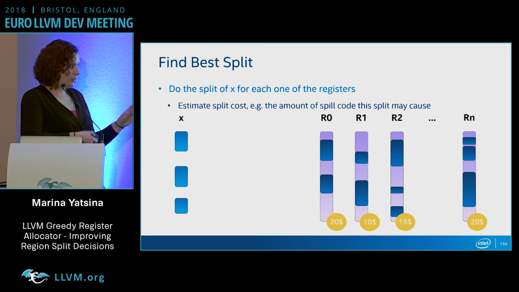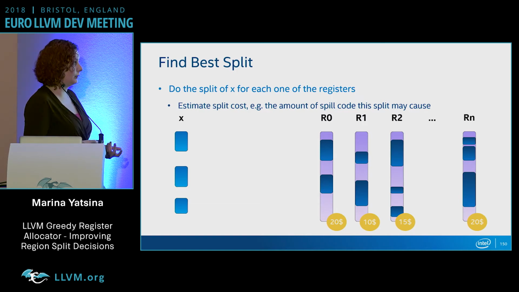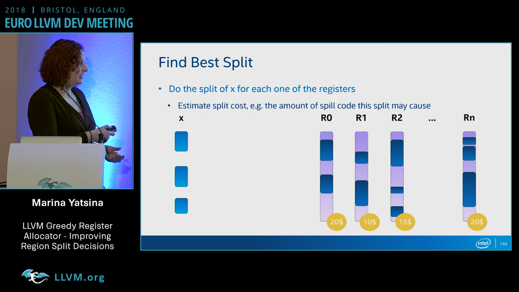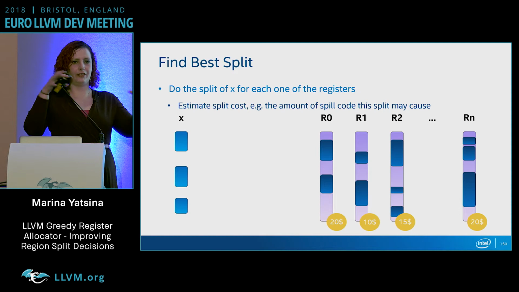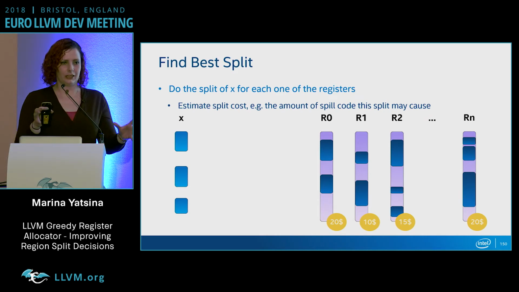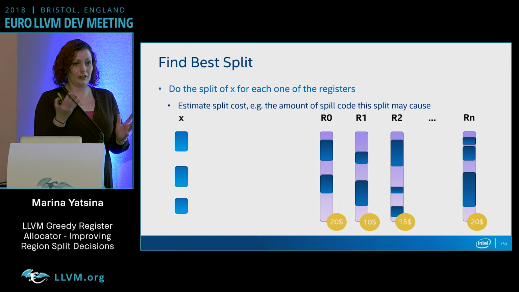Each such split has a cost. This cost represents the expected amount of spill code that's going to be introduced by this split. So we split x every time for a single register. We do not try to split x so it will fall into place in several registers. We always try to focus on one register. Maybe this is one of the issues as well.